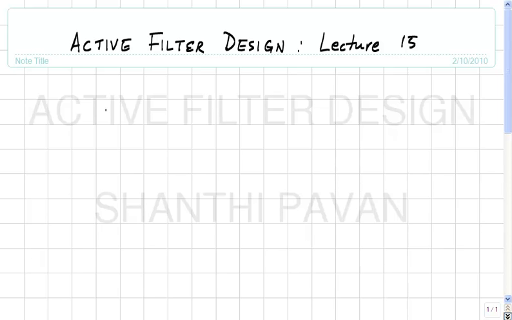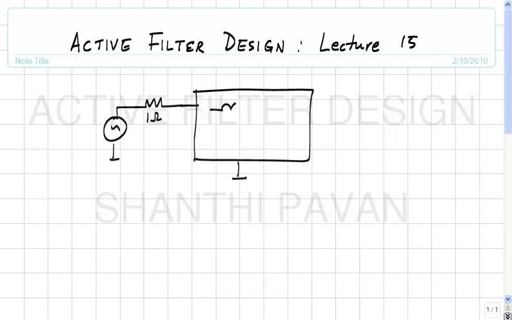Another minor point that I wanted to point out is that we've always seen networks of this form where our terminations are 1 ohm and the critical frequency is 1 radian per second.